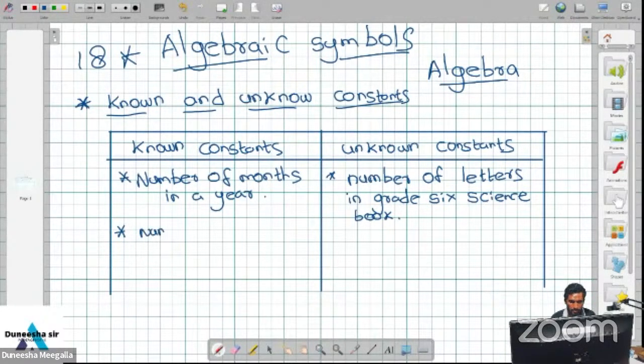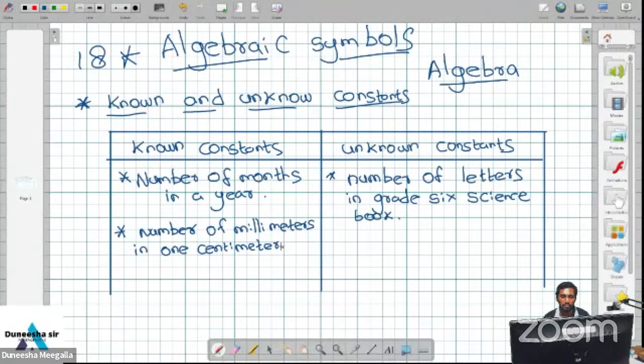Number of millimeters in 1 centimeter. Can you take the number of millimeters in 1 centimeter?